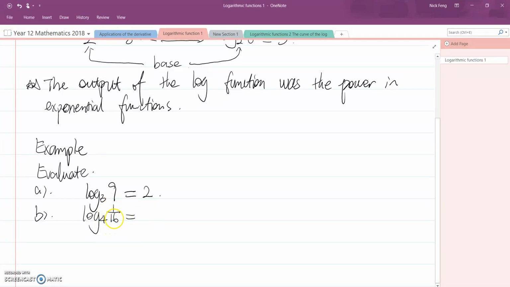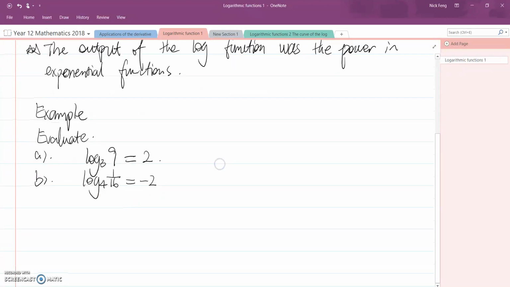Remember, fraction simply means reciprocal, and reciprocal is represented by the negative power, which means 4 to the power of negative 2, my bad. 4 to the power of negative 2 is 1 on 16. Remember, 4 to the power of 2 is 16. The negative power means reciprocal.